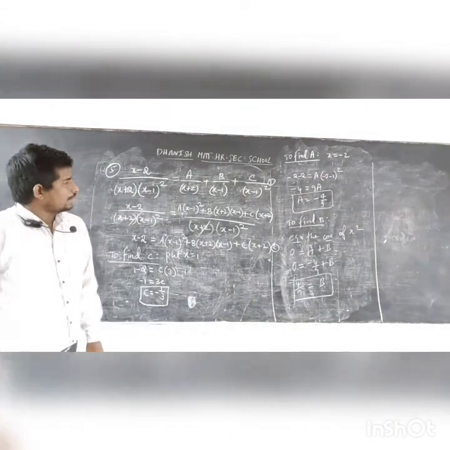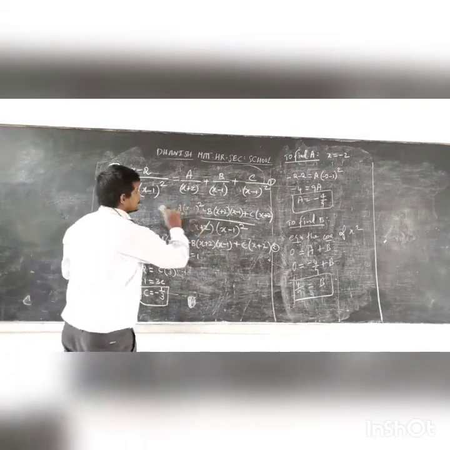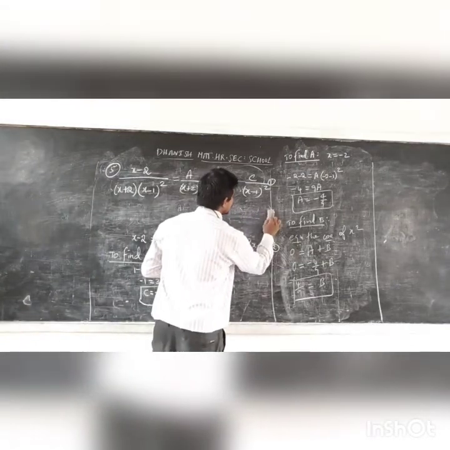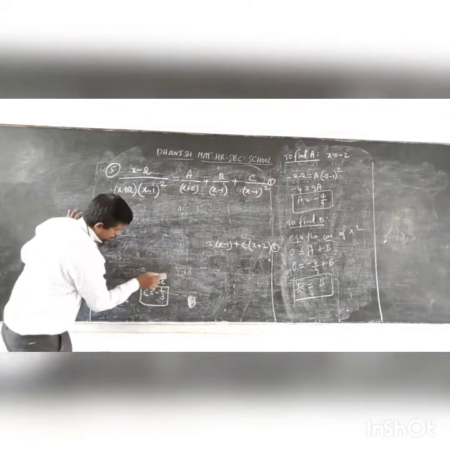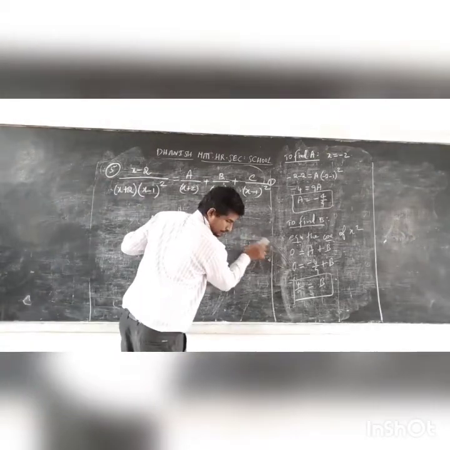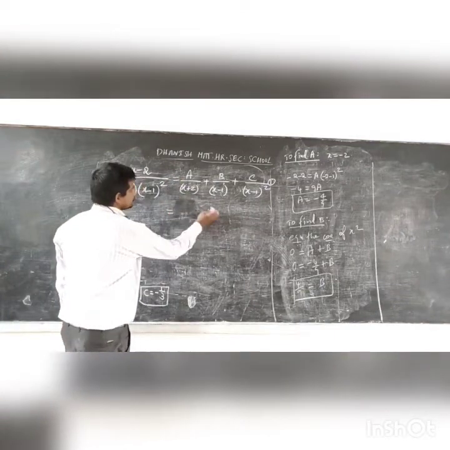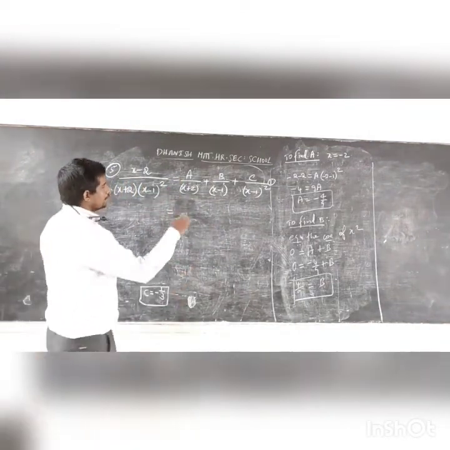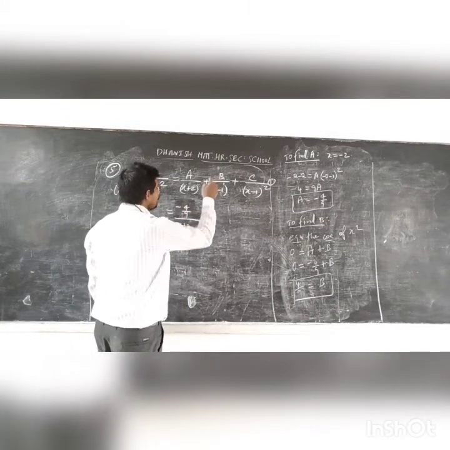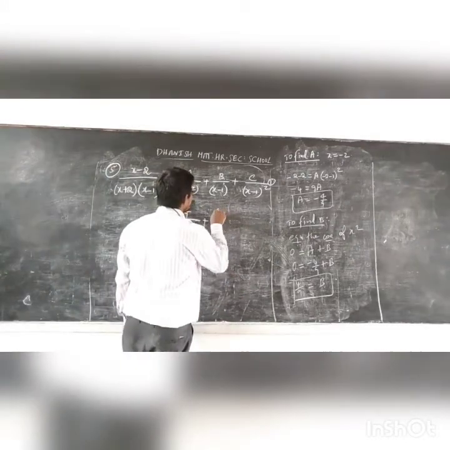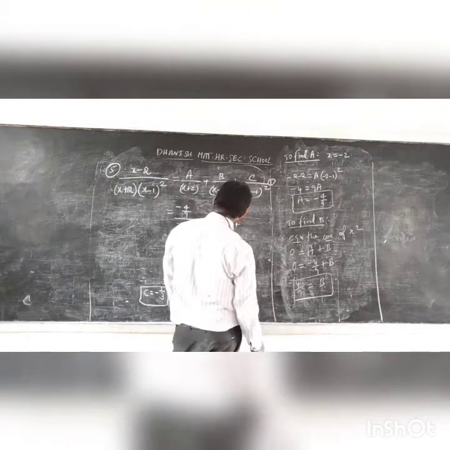Now I'm going to substitute these three values in the equation number 1. Now this is equal to a, what's our a? Minus 4 by 9 divided by x plus 2, plus b, what's our b? 4 by 9 divided by x minus 1, plus c, what's our c?